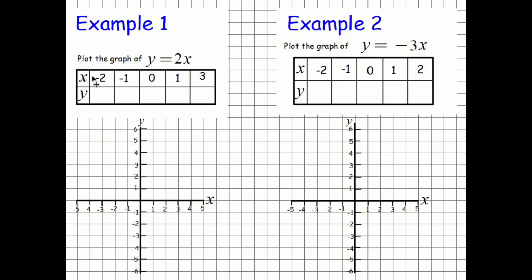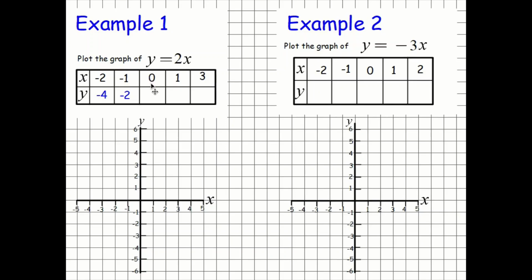So here, if x is minus 2, I'm going to do 2 multiplied by minus 2 to get my y value. So 2 multiplied by minus 2 is minus 4, and that's my y value. I'm going to do 2 multiplied by minus 1 to get my y value for when x is minus 1, and that gives me minus 2.